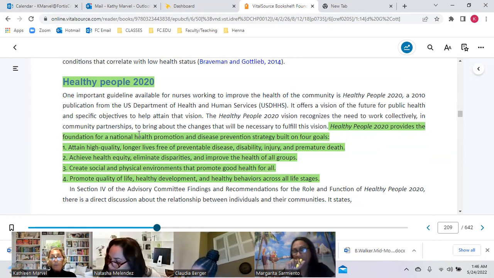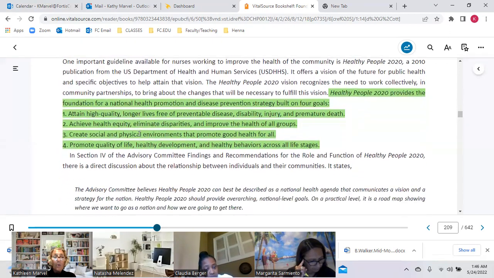Maybe, was it today or yesterday? I sent you a Healthy People 2020 Kahoot, which is kind of a summary of all the Healthy People 2020 throughout the whole book. And this is one of the questions in there, right? It provides a foundation for national health and disease prevention built on 4 goals. And here's the 4 goals.